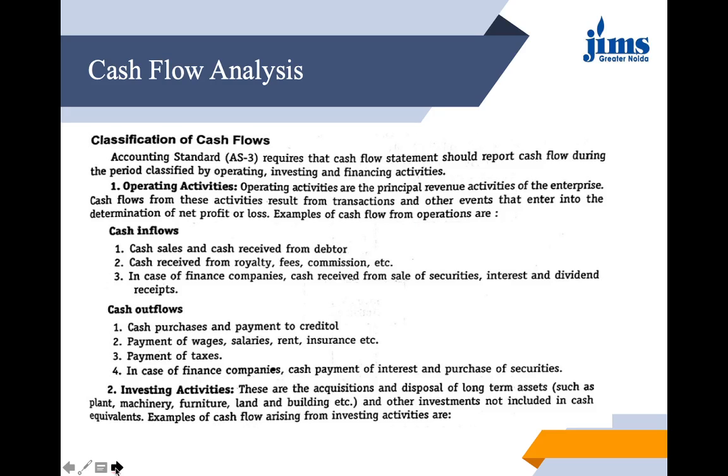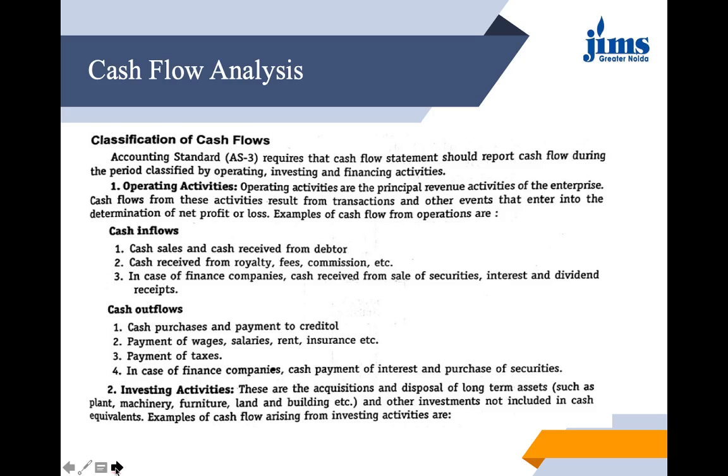Operating activities are the principal revenue activities of the enterprise. Cash flows from these activities result from transactions and other events that enter into the determination of net profit or loss. For this, I have quoted certain examples here. Cash inflows, we can have cash sales, cash received from debtors, or from royalty, fee, commission, and in case of finance companies, it is a bit different.